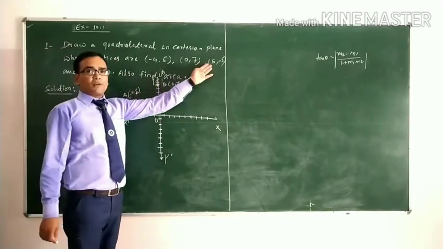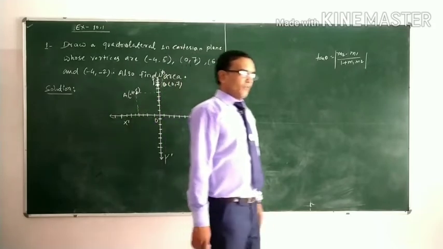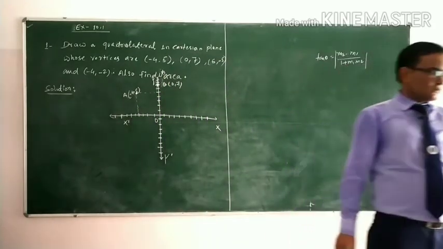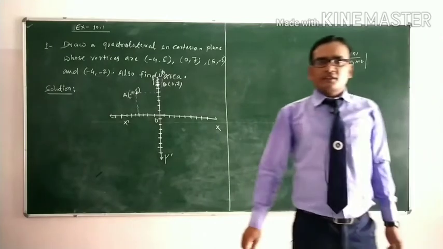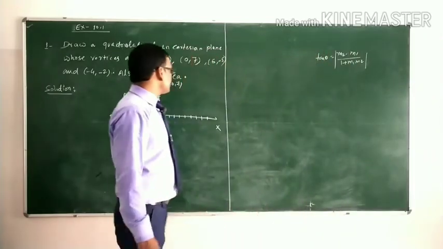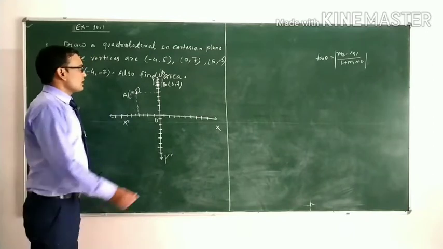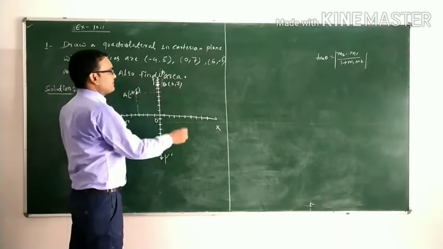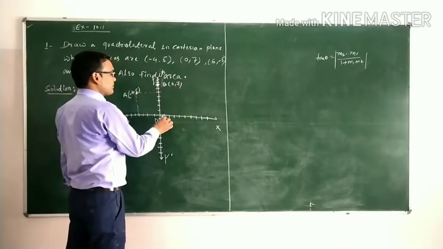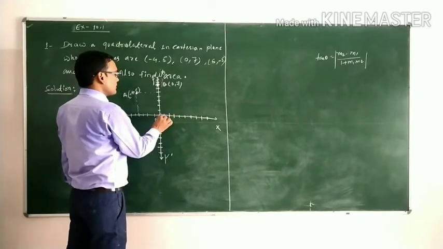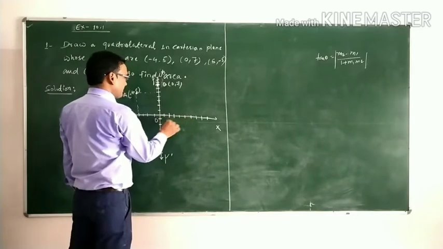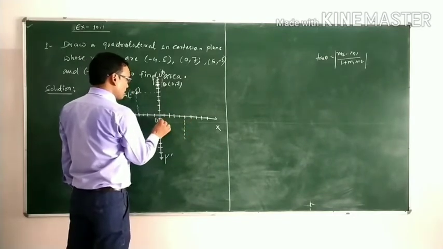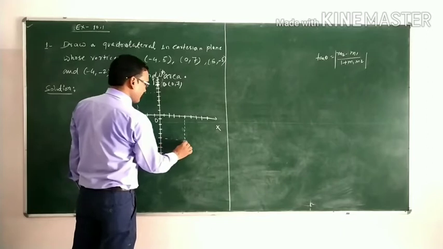And again plot the point 5, minus 5 in a Cartesian plane. 1, 2, 3, 4, 5 and minus 5.